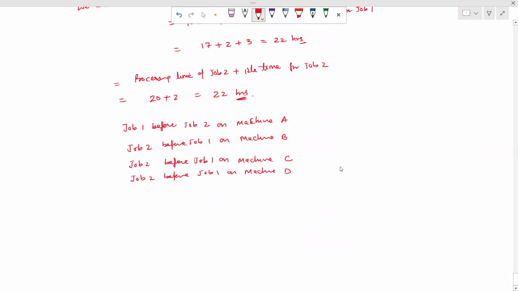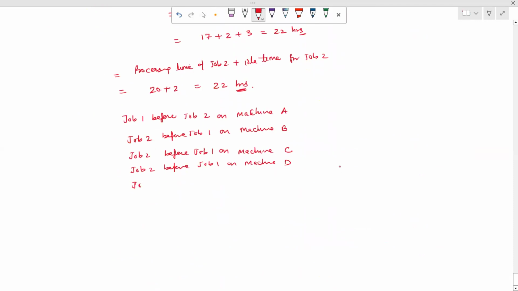So we write down job 2 before job 1 on machine E. So hope you understand this graphical method for solving the problems based on n machines and two jobs.